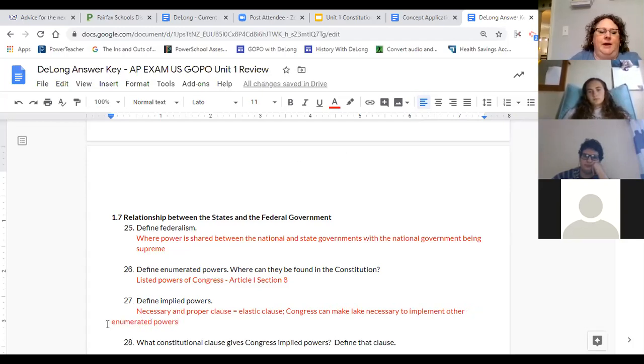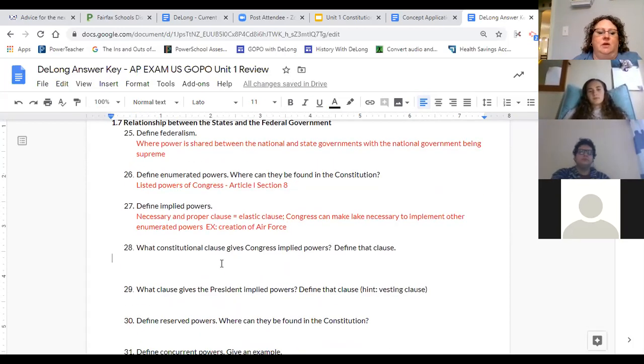Give me an example of an implied power. Taxation. Enumerated. Oh, never mind. Creation of the Air Force. Yes, I apparently have trained you well. Okay, so it says that they can regulate the military, right? Regulate the Navy, regulate the Army, so therefore creating of an Air Force.